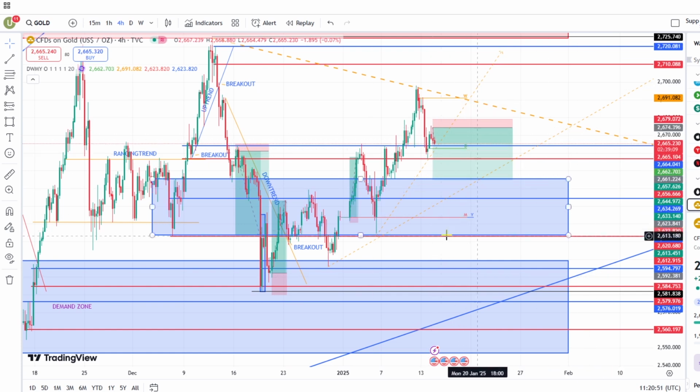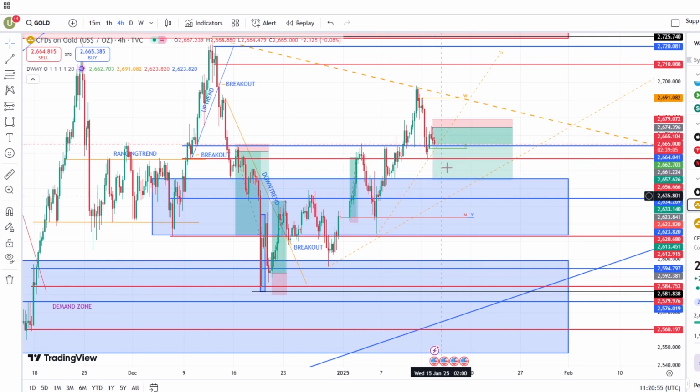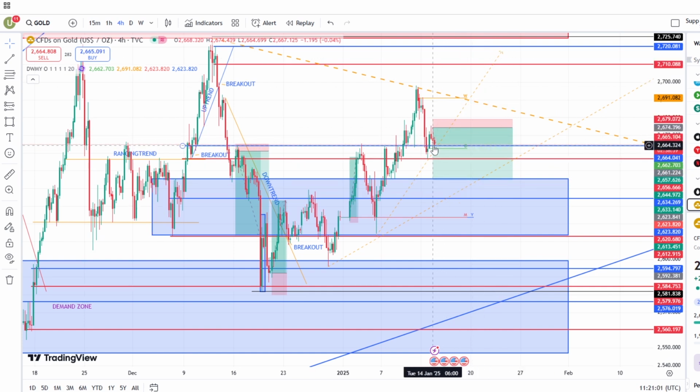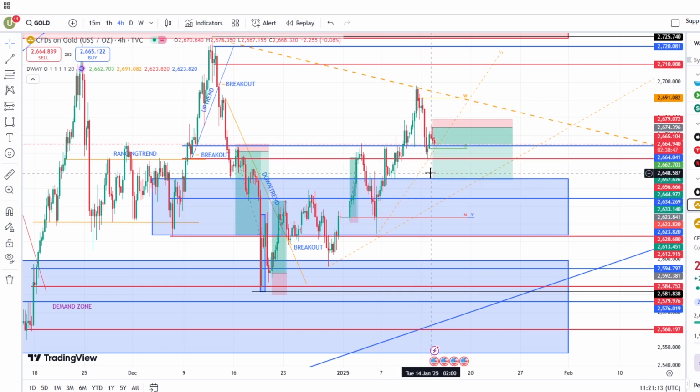So I'm thinking of closing one sell and then adding to my buys, because remember I had a buy from here. So I can add another buy here, and then I'll have two buys against like 3 or 4 sells going downwards.